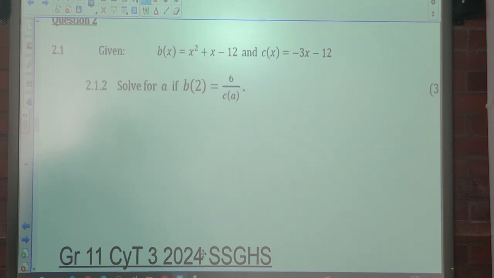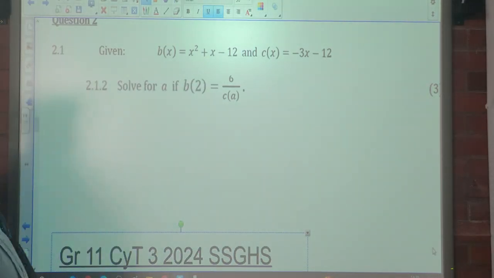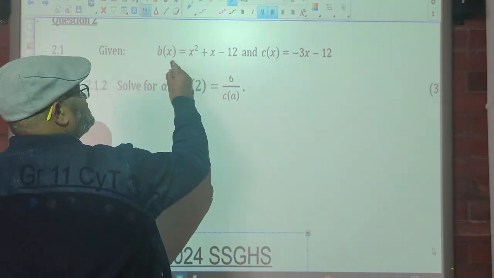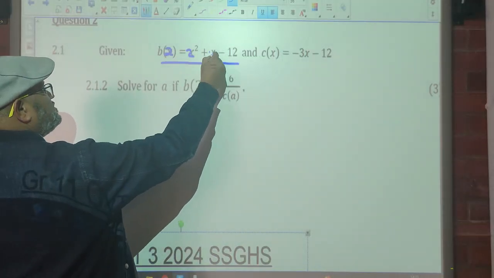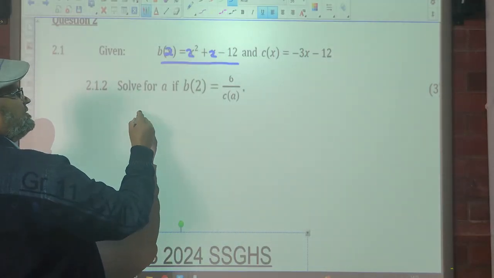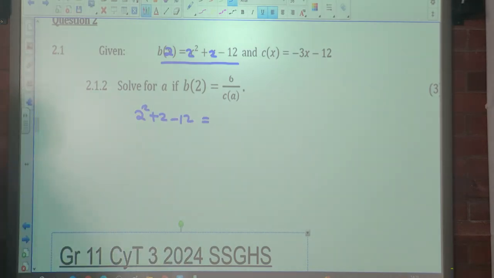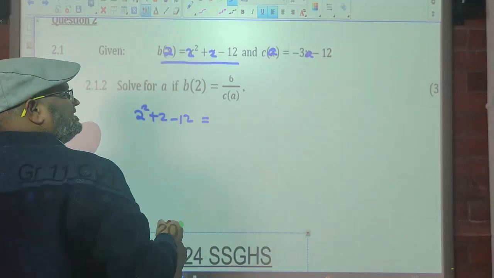You have been told: solve for a if B of 2 is equal to 6 over C of a. What is B of x? So B of 2, wherever I see x I put 2. So 2 squared plus 2 minus 12 is equal to 6 over C of a, wherever I see x I put a.